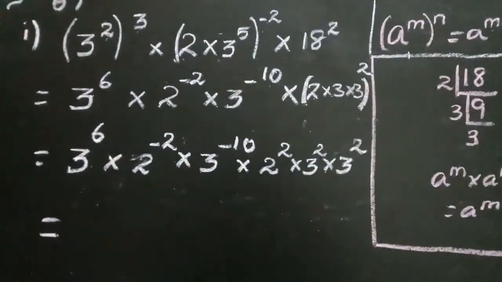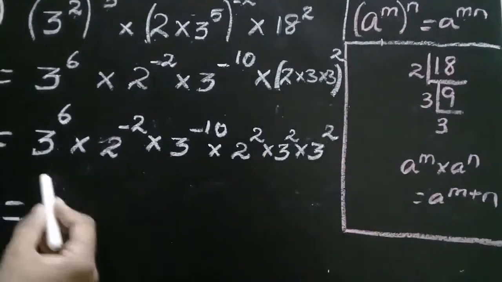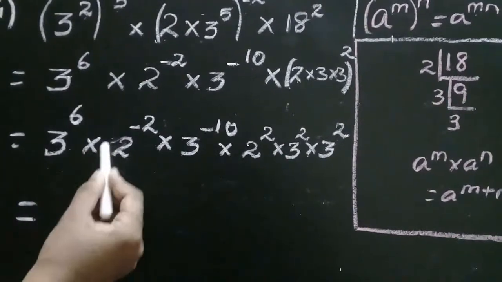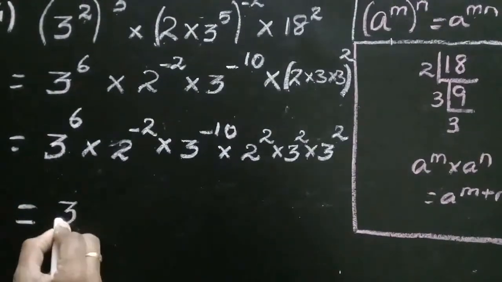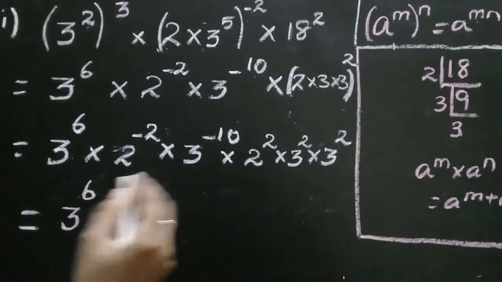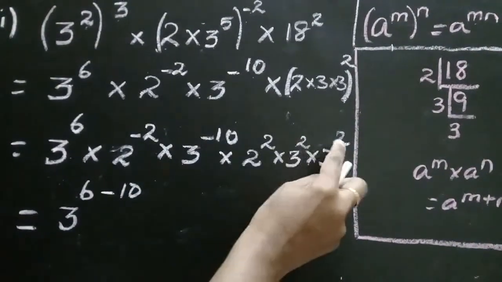So a power m into a power n equals a power m plus n. Here the base is equal, under multiplication we have to add the powers. So 3 power 6, here minus 10, 3 power 2, 3 power 2.